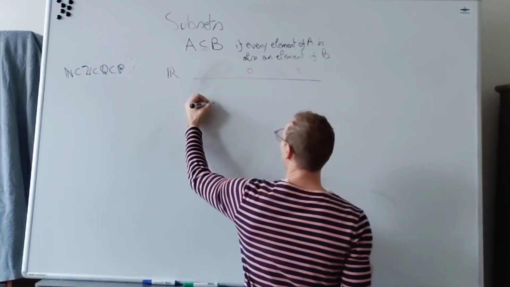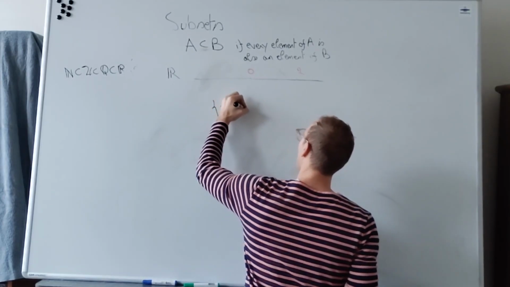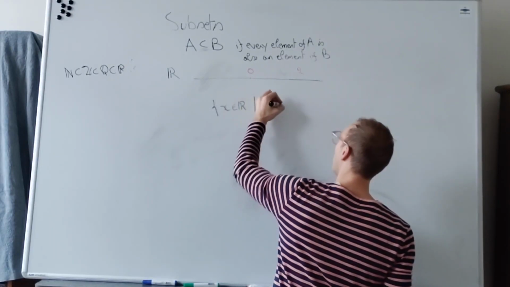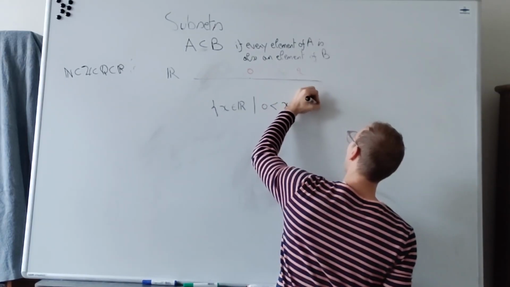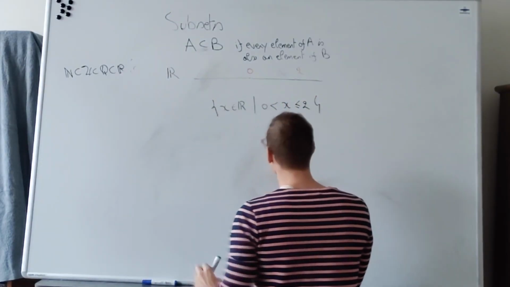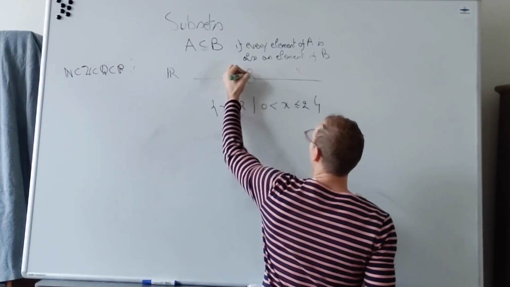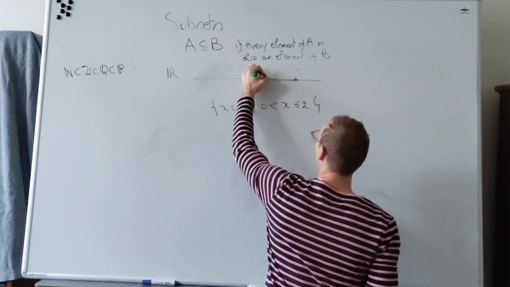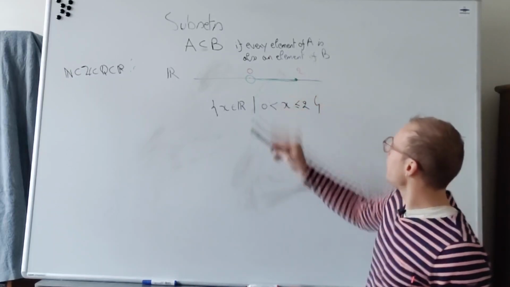of every real number x for which it holds that 0 is strictly smaller than x and x is smaller than or equal to 2. So I want to exclude 0, I want to include 2, and I want to consider all these real numbers in between.